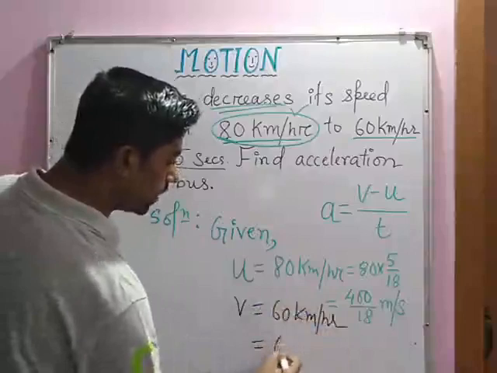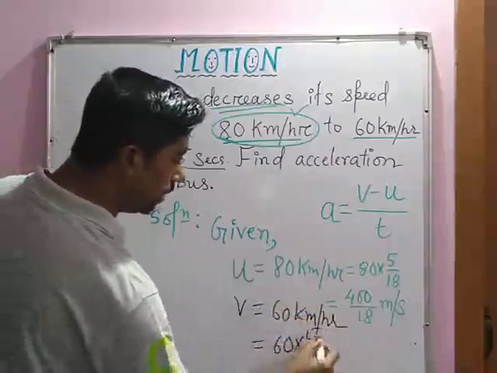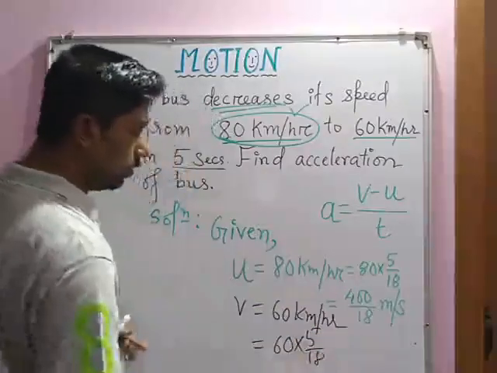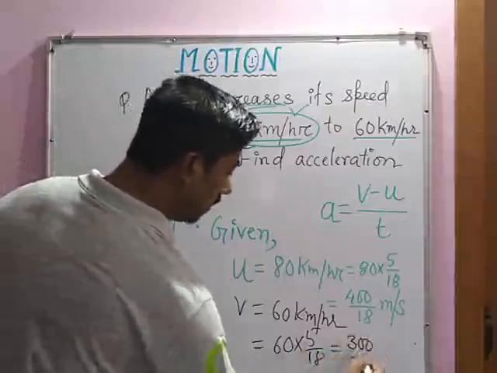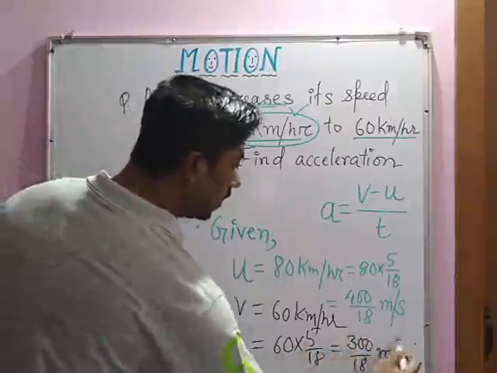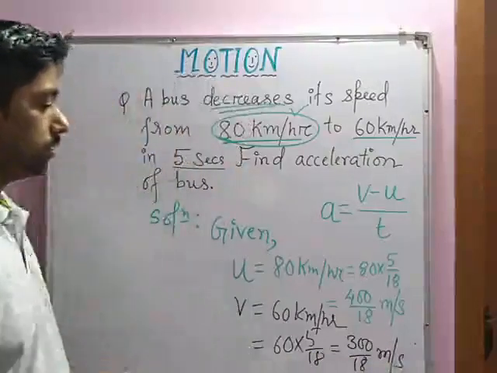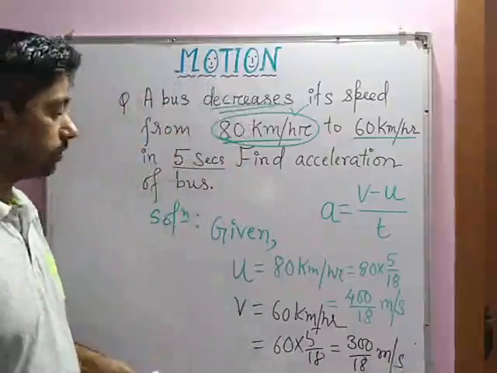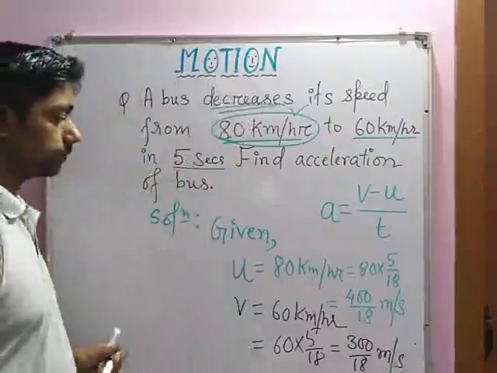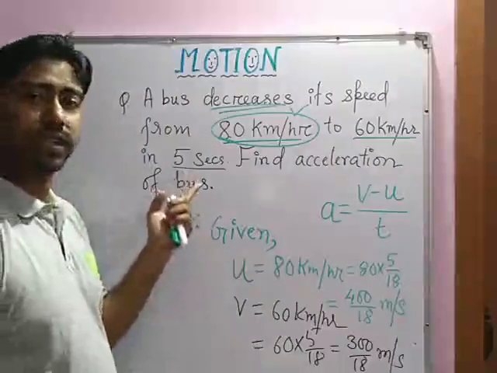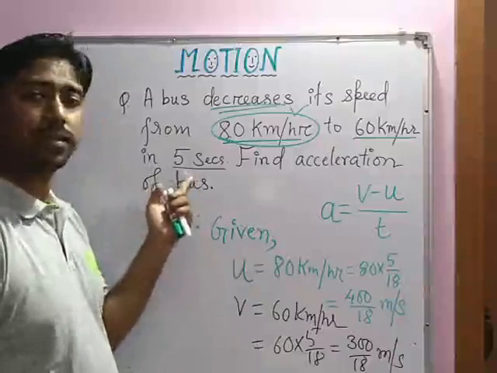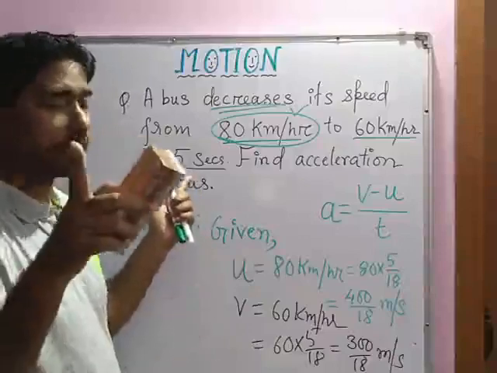Convert this into meter per second: 60 into 5 by 18, which is 300 by 18 meter per second. We will not divide now, you can divide it also, it's your choice. Next, the time is 5 seconds, which means the change is happening in 5 seconds.